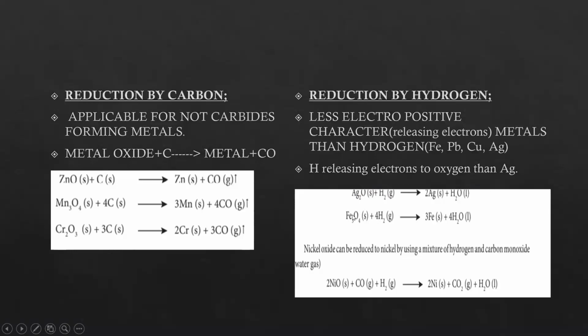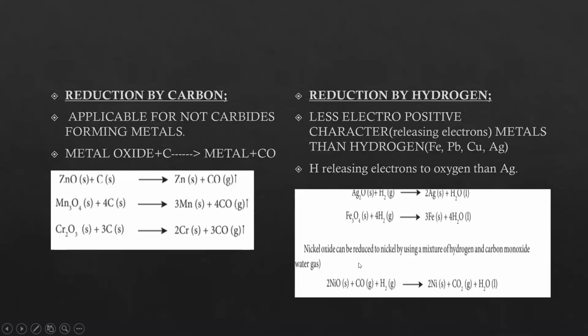In the next example, iron oxide reacts with hydrogen. Here hydrogen acts as the reducing agent, so hydrogen releases electrons to the oxygen. Hydrogen and oxygen form the water molecule, and we get the metal in the zero oxidation state.